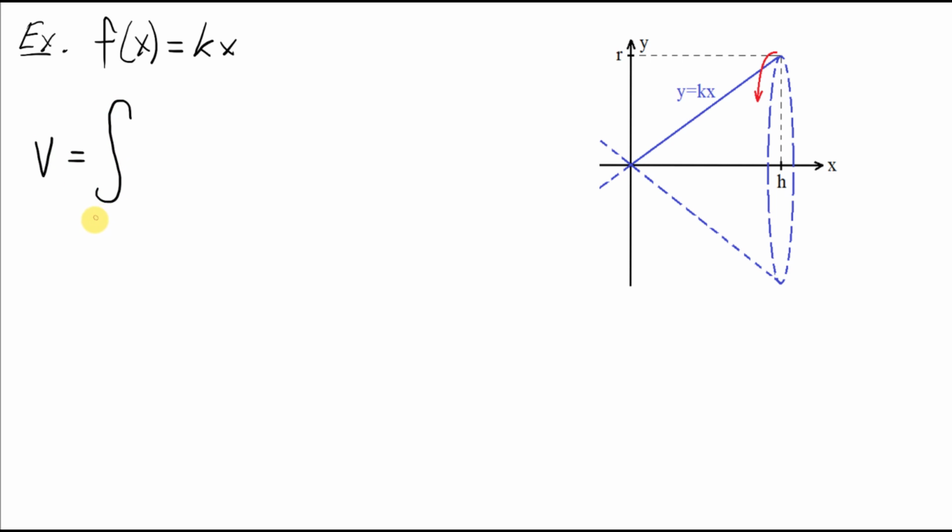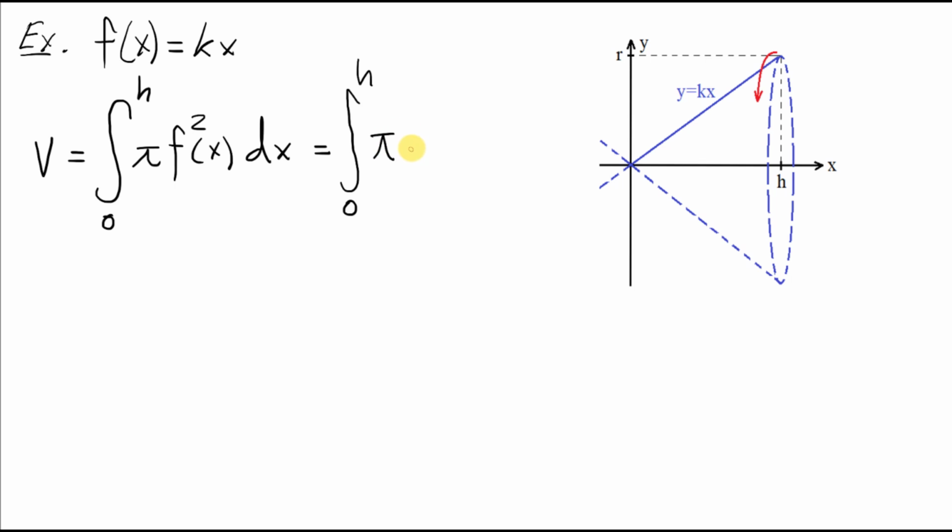So then we should take the integral from the origin, 0, until the height of the cone, h. Then using the formula we just had, we should take pi times the square of the function and dx. And in our case, this is the square of kx. And these two are just constants, we can put them in front.